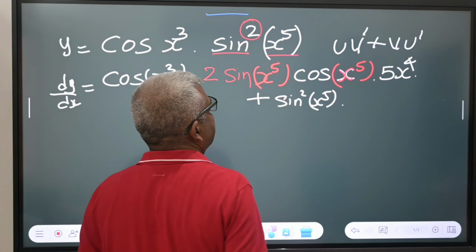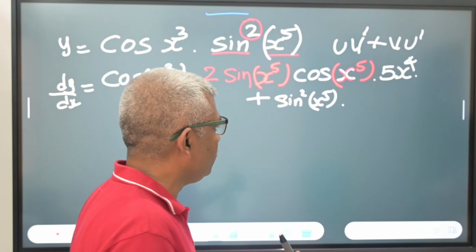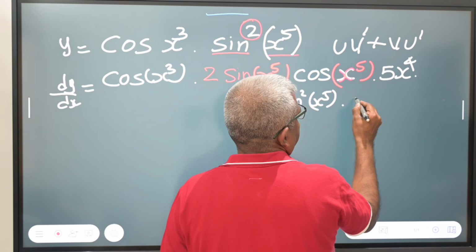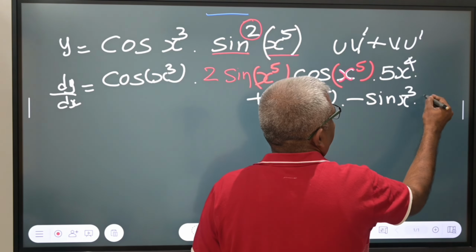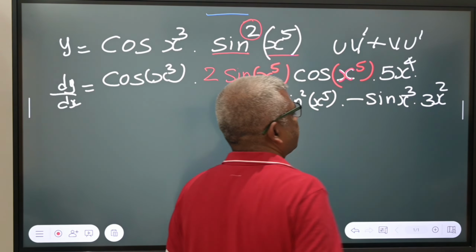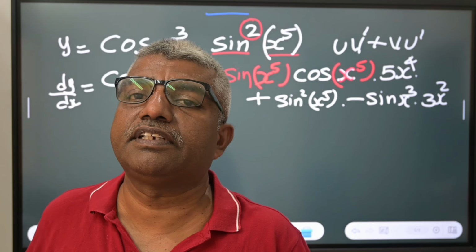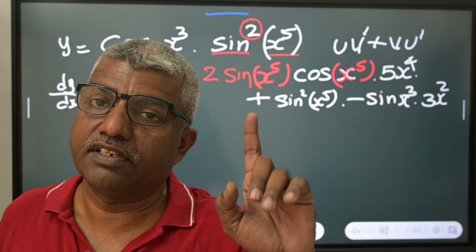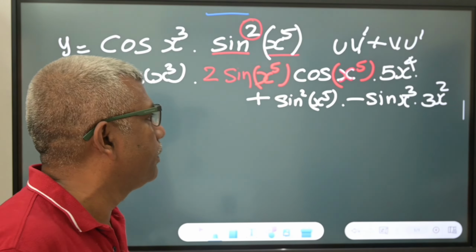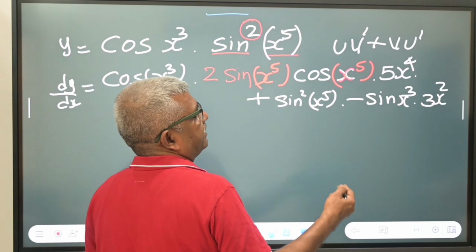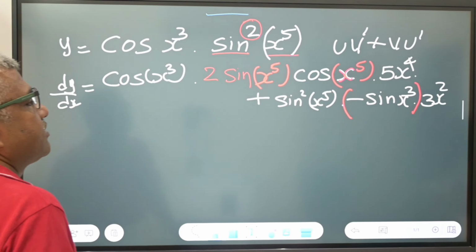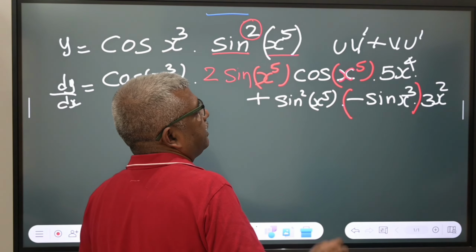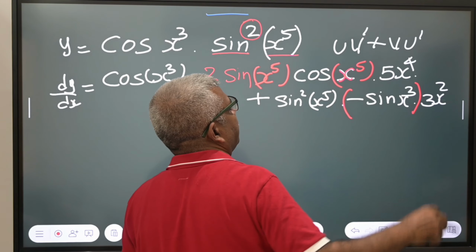cos x cube if you differentiate, it is not cos cube x, it is cos x cube. cos x cube is minus sin x cube, and x cube is 3, if you differentiate 3x squared. Here people will commit a mistake, thinking it is cos cube x. No, it is cos x cube. Another mistake they will commit, they will put minus like this. It is wrong. Just put a bracket because it is v u dash, not v minus u dash.